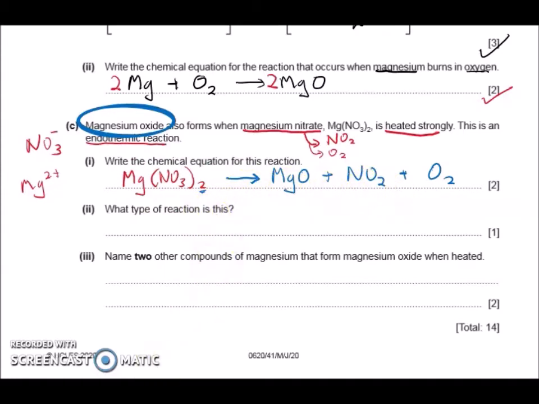Since nitrogen, they have 2 at this part. Okay, 2. If you put here 2, let's say we just put here 2, magnesium 2, oxygen is going to be 6.